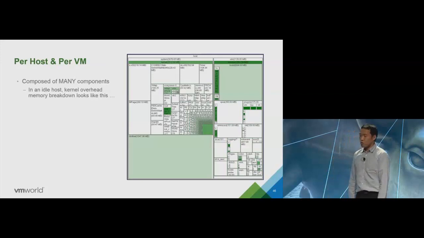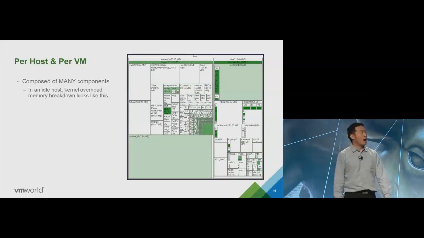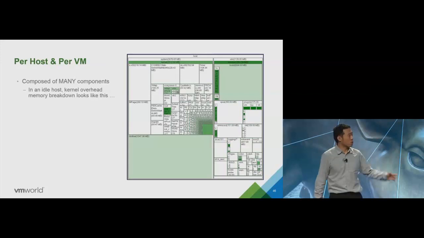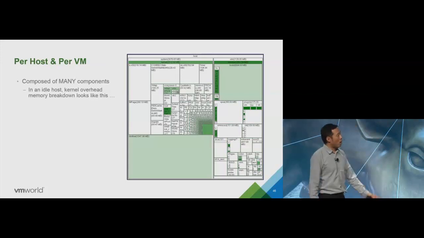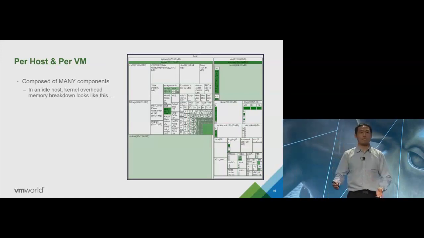This is the tree map breakdown of the VMkernel overhead in an idle host. As you can see, there are a lot of components. Each block indicates an overhead component, and the size of the block indicates the relative memory size of that component compared to the others. Among all these components, the sizes of some scale with the host memory size, with different ratios.